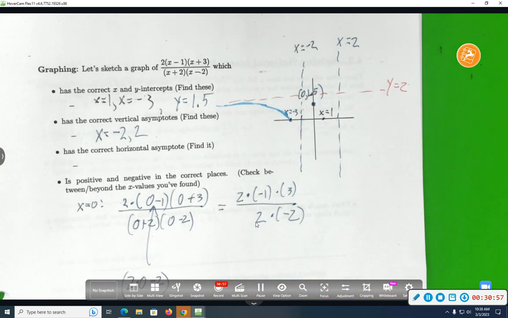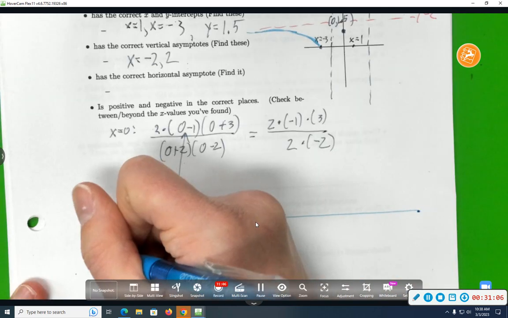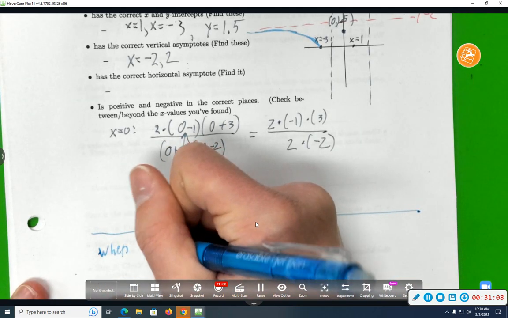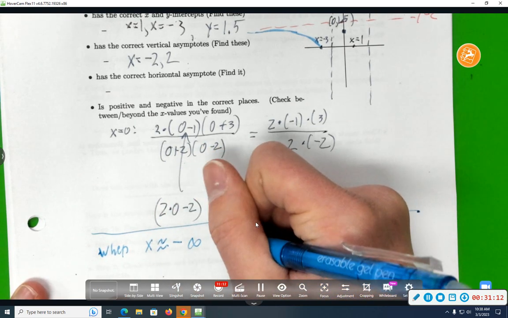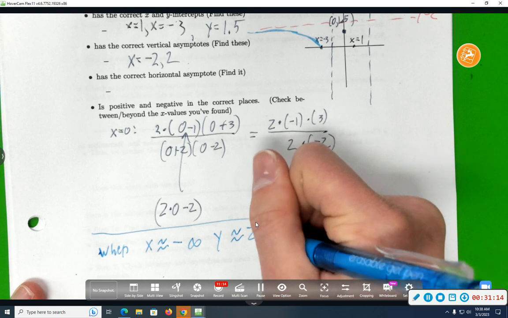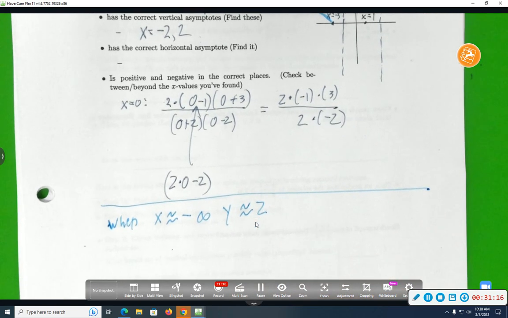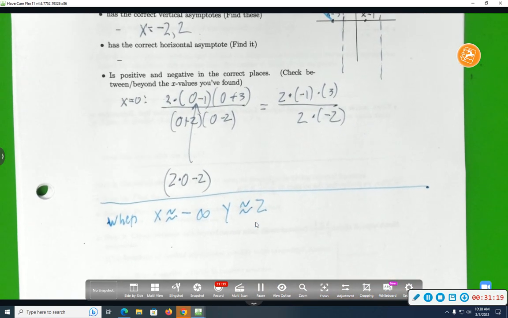I showed no details there. Do people want to see any details of that step? Cool. Let's do it this way. When x is like -infinity, the y value should be about 2, because you know what the horizontal asymptote is.